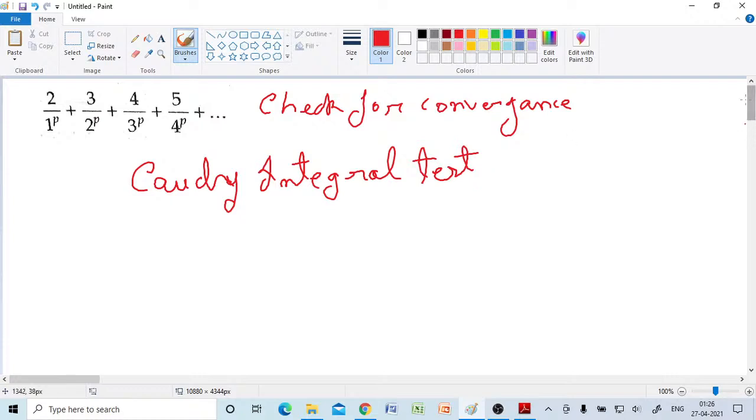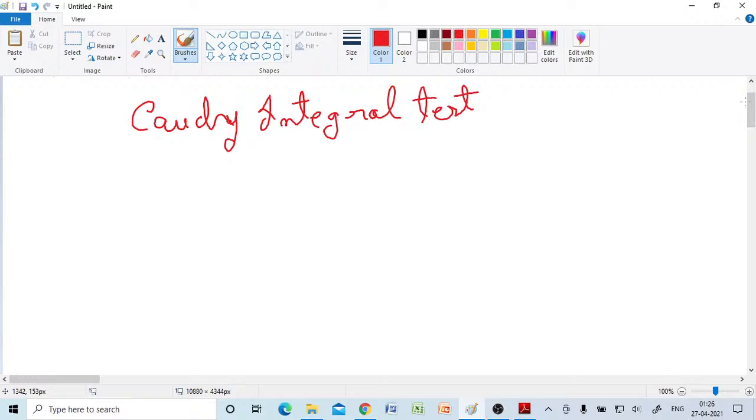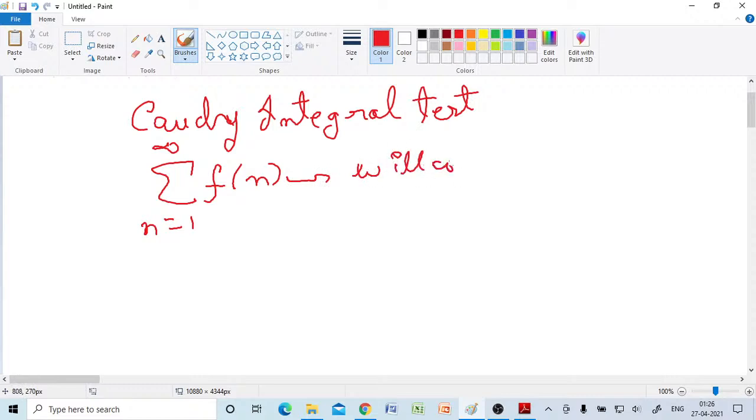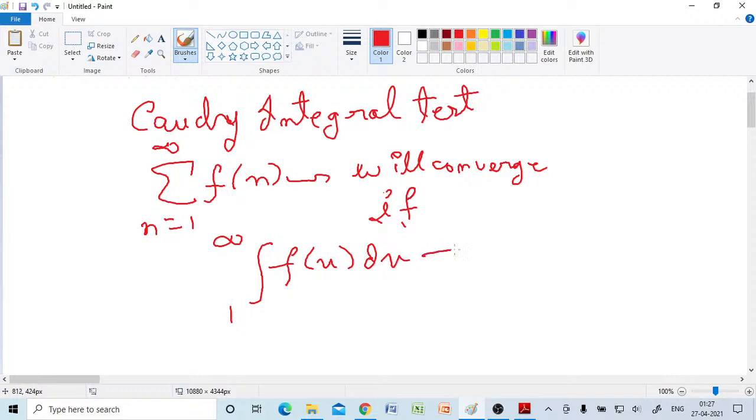So what is the Cauchy integral test? It says that if we have a sequence defined as f of n, and if we want to sum it up ranging from n equal 1 to infinity, so this particular thing will converge if the integral from 1 to infinity of f of x dx is something finite.